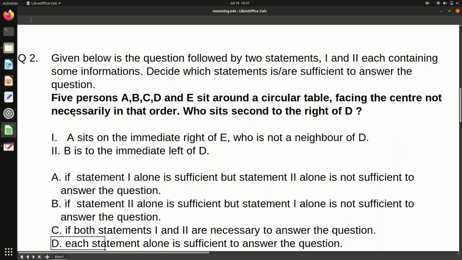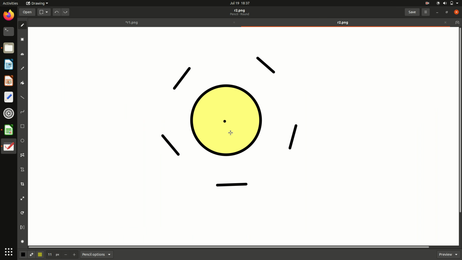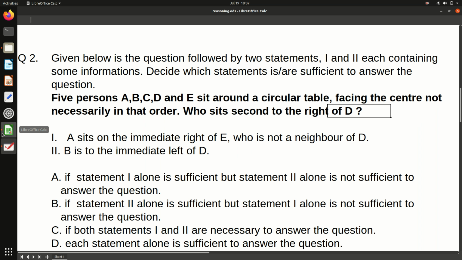The question is: 5 persons A, B, C, D, E sit around a circular table facing the center, not necessarily in the same order that I have given. Who sits second to the right of D? I made some drawing. There is one round table and 5 people sitting facing the center.